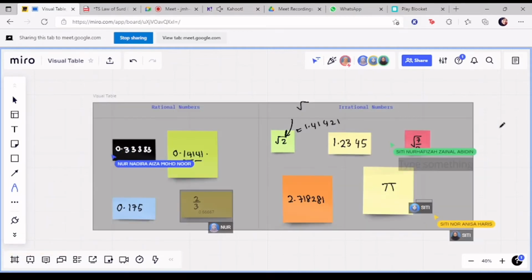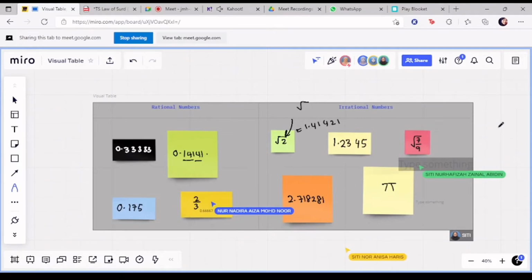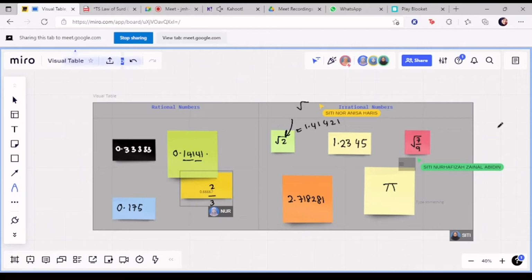Then we have Siti Nurhafizah trying to type something for 7/9. How about Siti Nor Anisa? Okay, maybe Siti Nor Anisa is trying to get the answer for the decimal number of 4 pi.